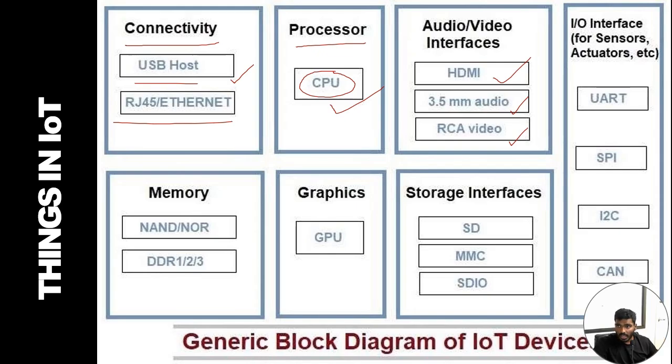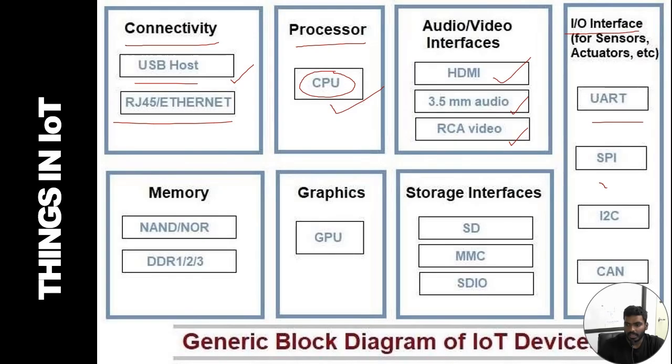Okay, and coming to the input output interface for sensors and actuators. These interfaces connect IoT devices to external sensors, actuators, or peripherals. So UART, universal asynchronous receiver and transmitter, is commonly used for serial communication between devices like GPS modules and microcontrollers.